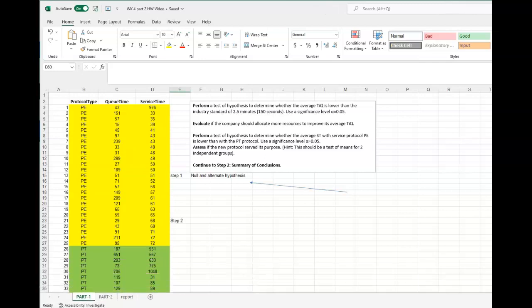And now you're going to do the calculation in Excel, part 1 and part 2, and then you're going to copy and paste those in the second part of your report.